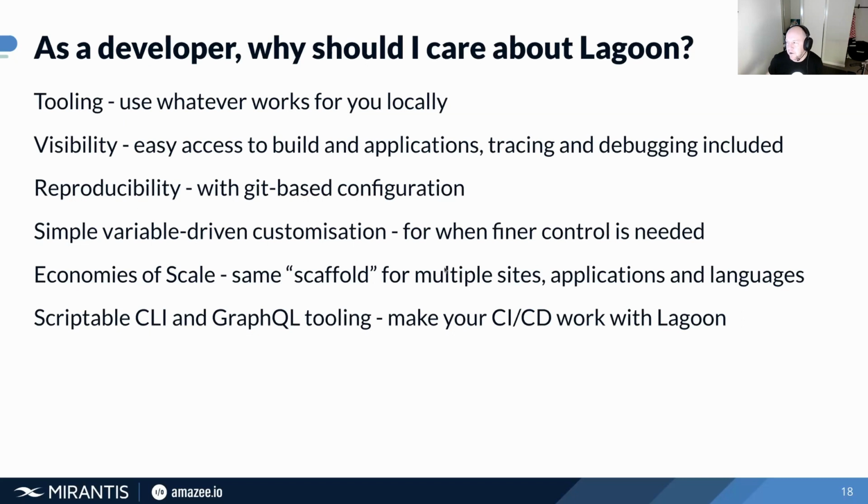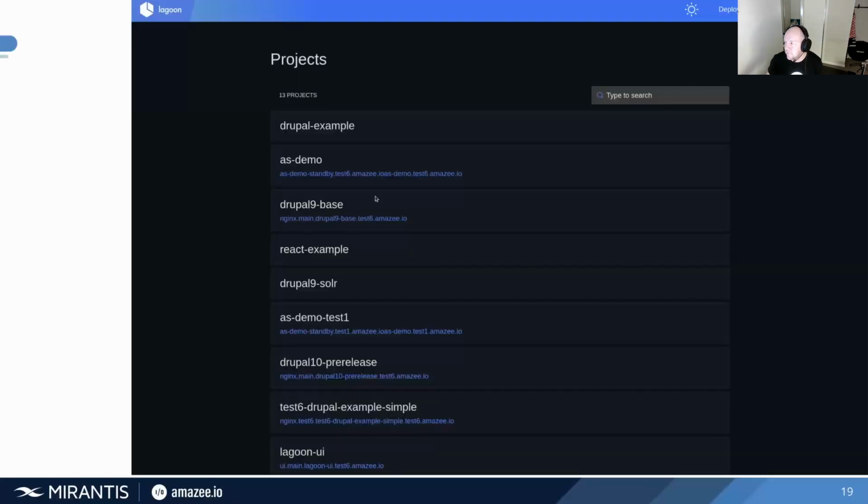I've got a couple of quick visuals of what Lagoon is, what it looks like. So here I can see a list of all the projects that my user, owner at example.com, not a real person, has access to. A range of projects in here. There's a React example. There's a couple of Drupal examples.